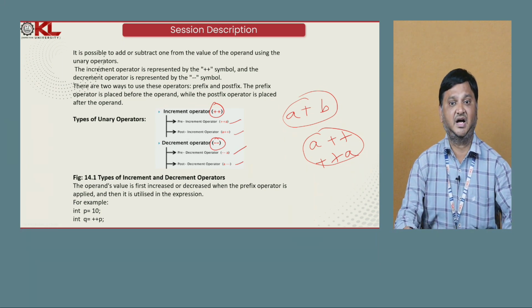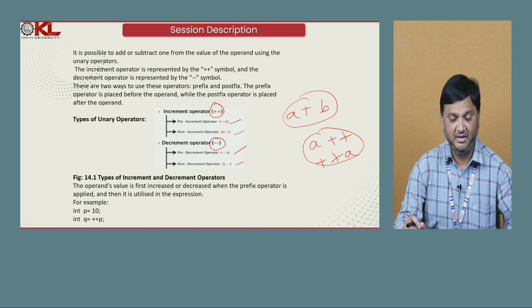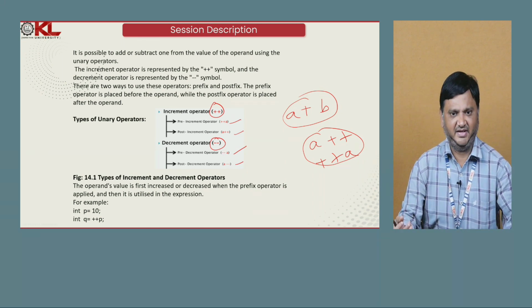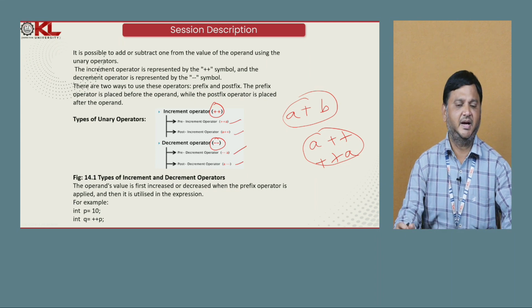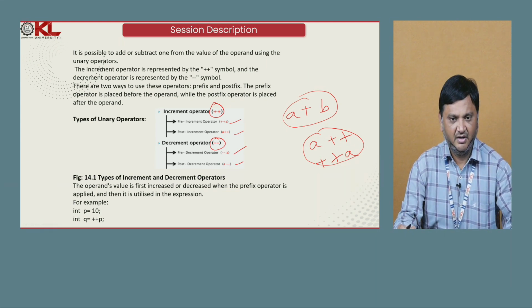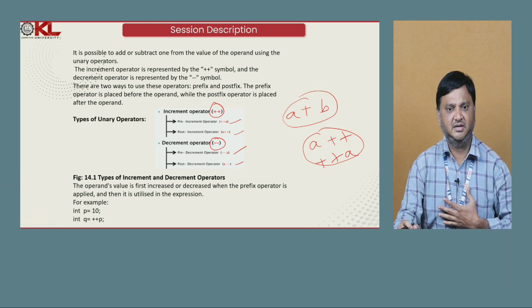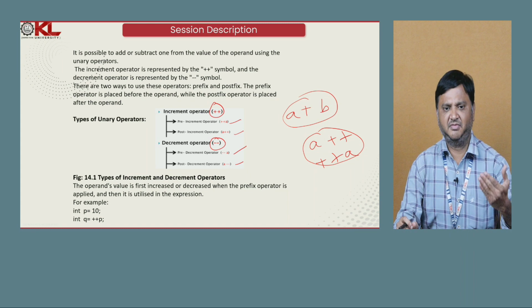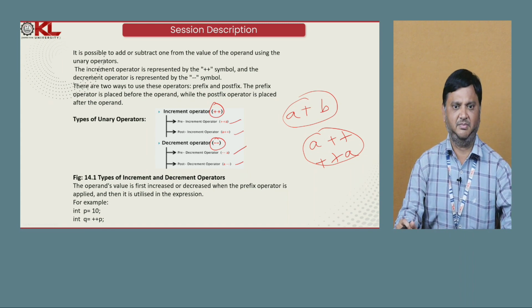These operators are compiler dependent. Sir, what do you mean by compiler dependent? Yes, here comes the answer. Compiler dependent is nothing but, for example, I'm using Dev C++ to write a program. Some of the students are using Turbo C++.